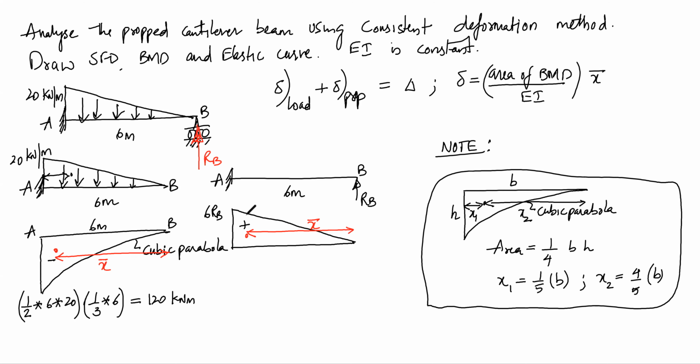the area of the second BMD multiplied by its centroidal distance. So here the area is half base into height, and the centroidal distance will be 2/3 of base, and this distance is 6 meters.